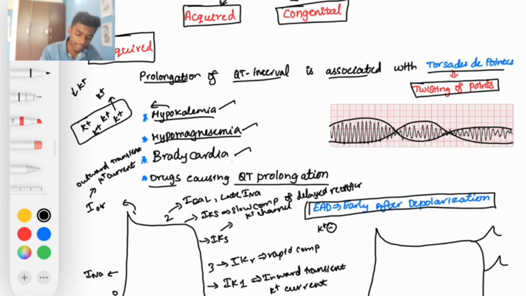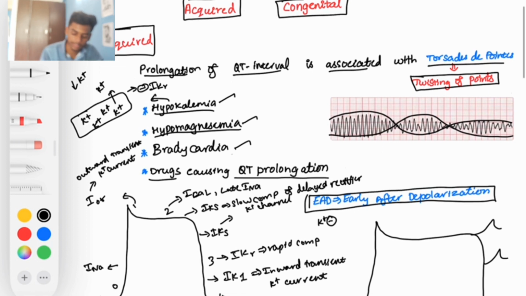But actually, hypokalemia has a paradoxical effect. It inhibits the potassium current, especially the rapid component of the delayed rectifier potassium current. So there is action potential duration prolongation.